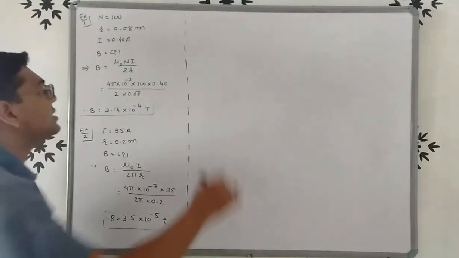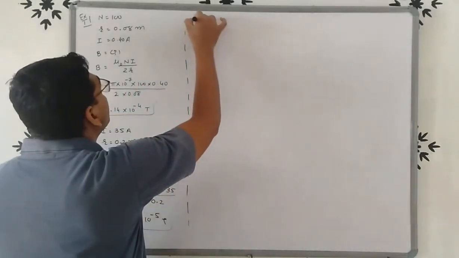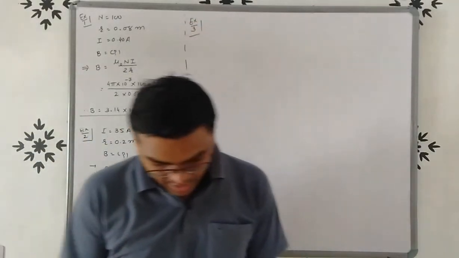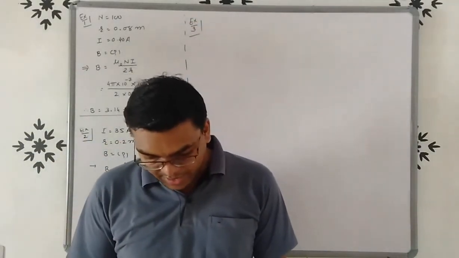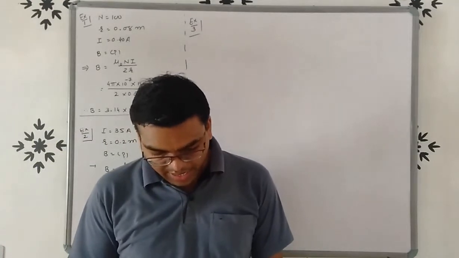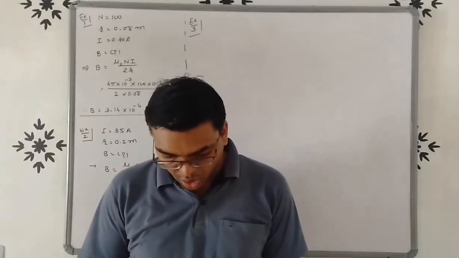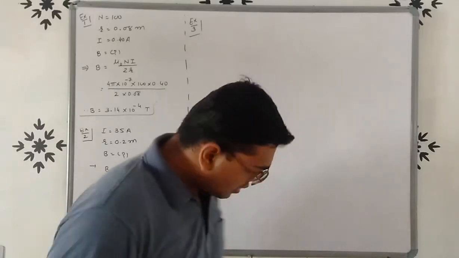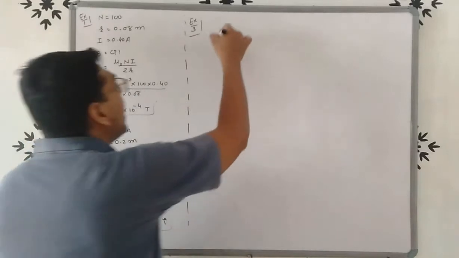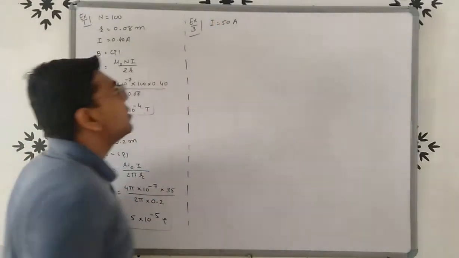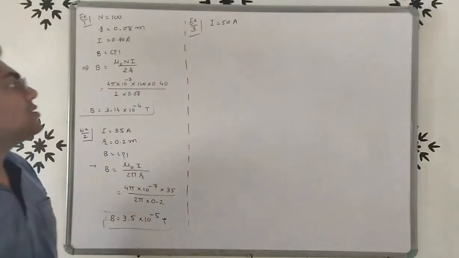Now next example, that is example number 3. See, a long straight wire in a horizontal plane carries a current of 50 ampere in north to south direction. So here current is given, I is equal to 50 ampere, but here the direction of current is north to south.